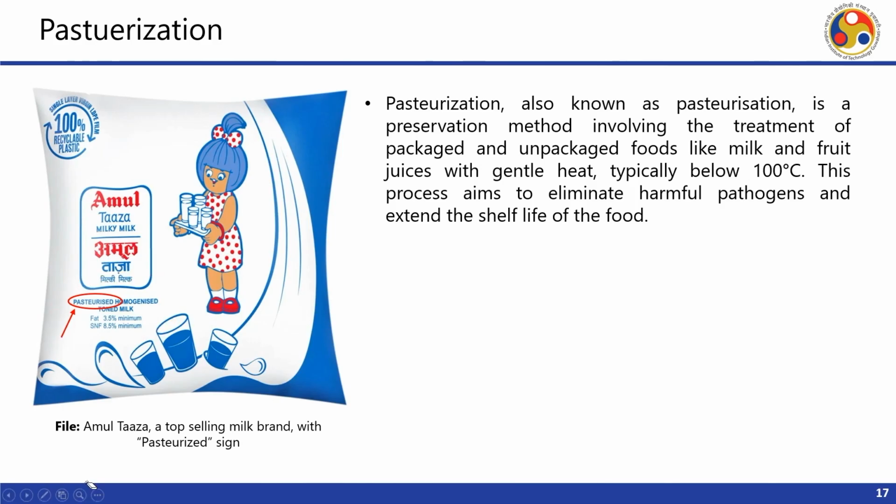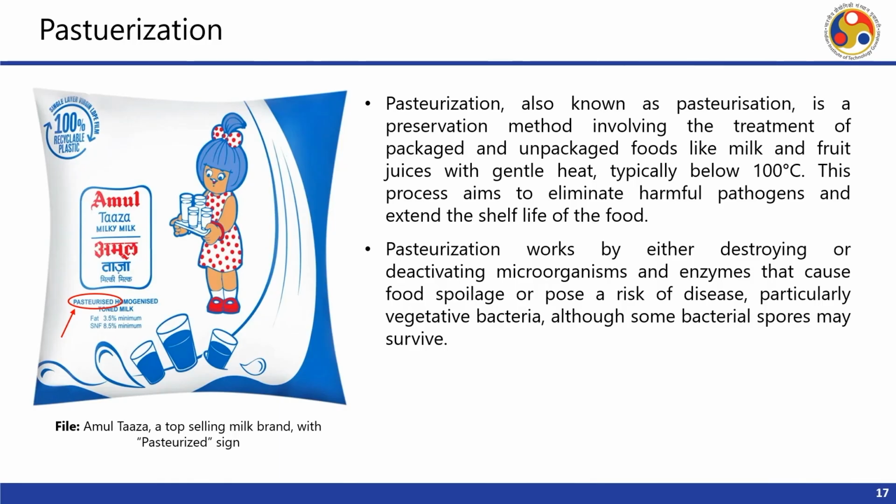So, pasteurization is a preservation method involving the treatment of packaged and unpackaged foods like milk and fruit juices with gentle heat, typically below 100 degrees centigrade. But even at this temperature, if you go back to that graph, a large number of bacteria will be eliminated except some of the hyperthermophiles. This process aims to eliminate harmful pathogens and extend the shelf life of the food.